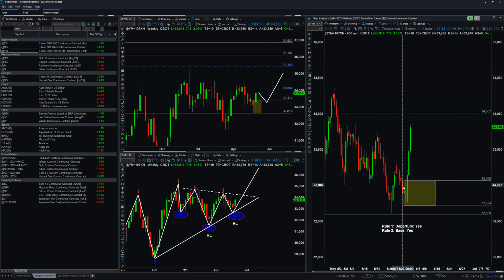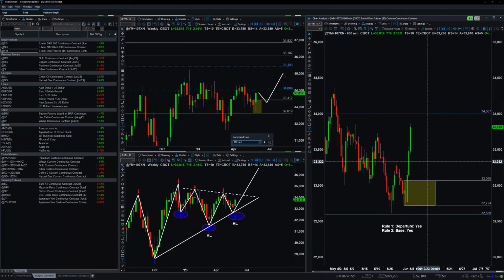And of course, look, on the 960 even, I see something similar. It doesn't look the same, but I see a drop base rally. So I also see a demand zone here on the 960, just as I see on the daily, and it looks different.